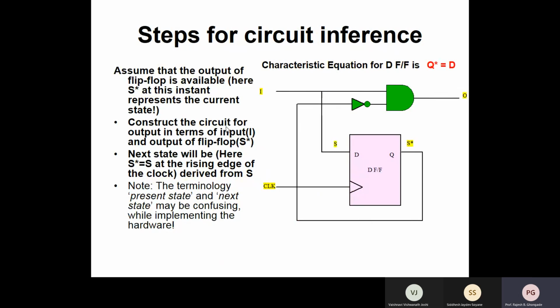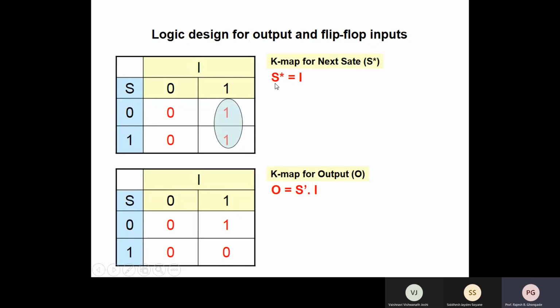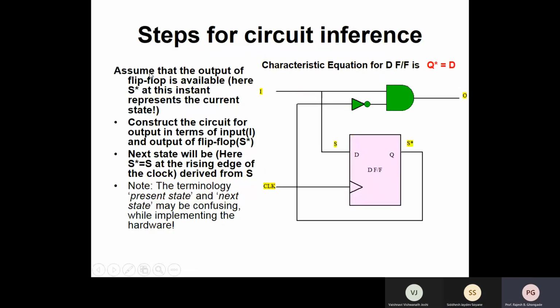And what about the next state? Next state is given as what? It's I, I itself. So you should see here that the D is connected directly to I. See if you can understand this. So this is how you design the state machine in a conventional fashion.